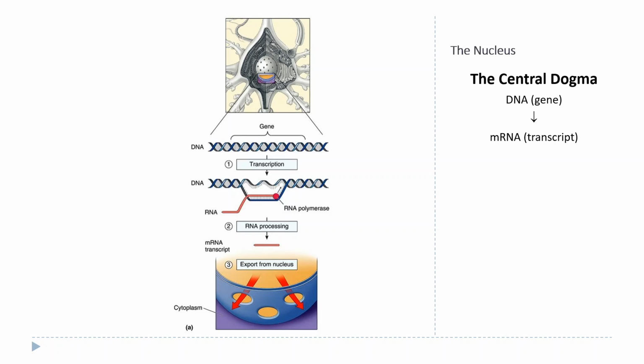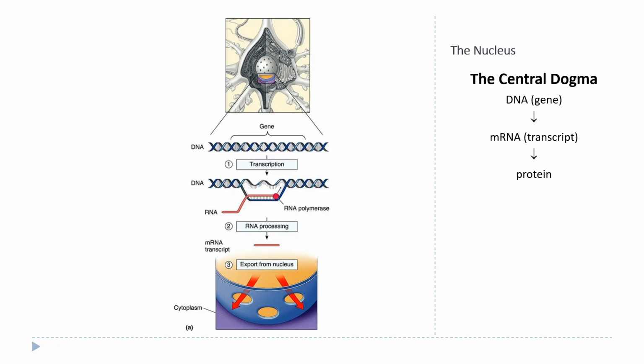So we call the first step transcription, and that RNA copy is going to carry the message in the gene to the cytoplasm, so we call it the messenger RNA. And then the messenger RNA leaves the nucleus, and then a ribosome translates the mRNA into a protein, and the amino acid sequence of the protein is determined by the nucleotide sequence of the mRNA.